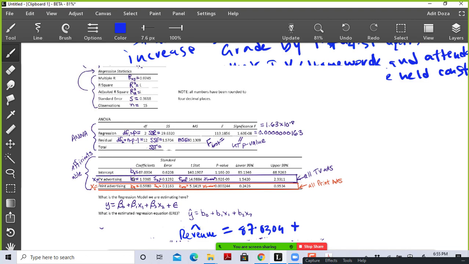Beta 1 is the second one, the coefficient for TV advertisement, so it's 1.9365. This is beta 1, right? And I write TV advertisement, plus beta 2 is 0.5980, plus, what is this one? Print advertising.